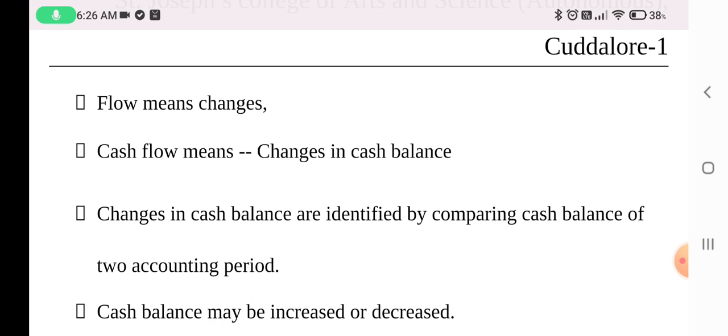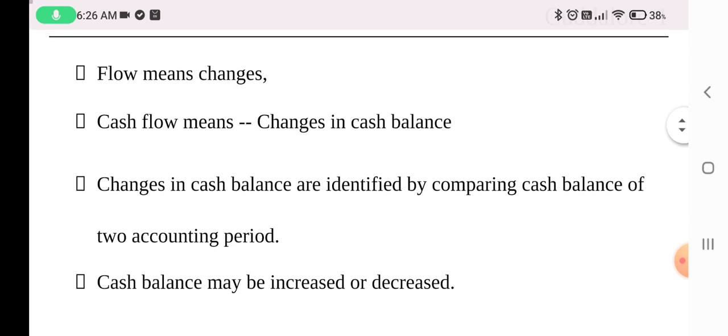So, we have to identify the changes, and the reasons for the changes. You have to identify all the changes between two periods. That means two periods means opening and closing balance. So you may see that the opening balance is a certain amount and the closing balance may be higher. Say for example 7,000 in the opening and the closing it may be 18,000.